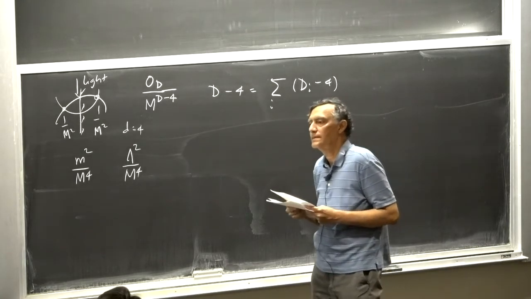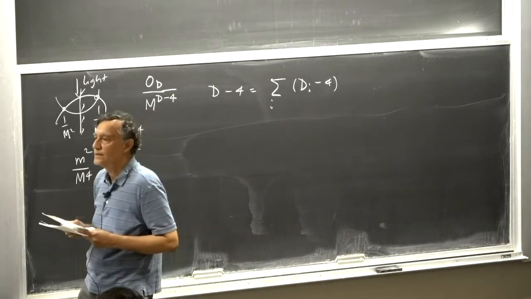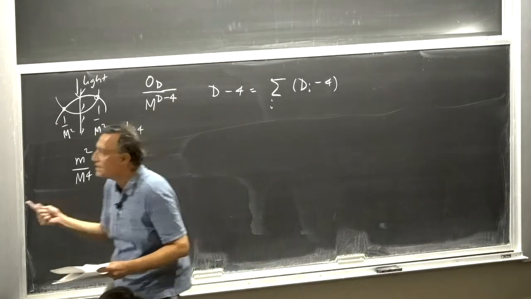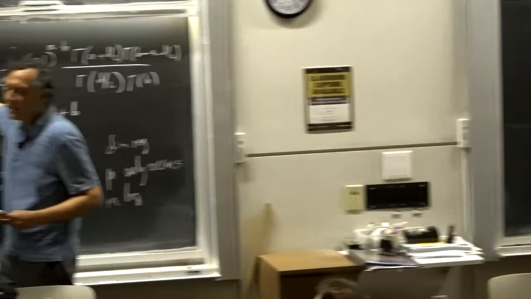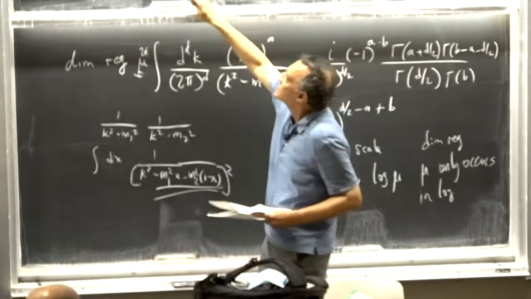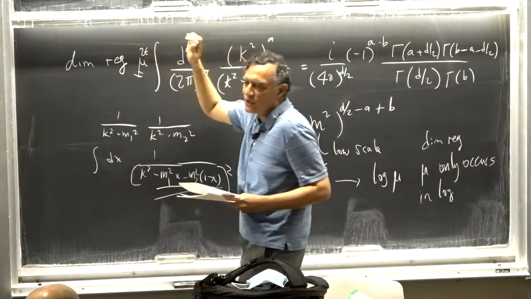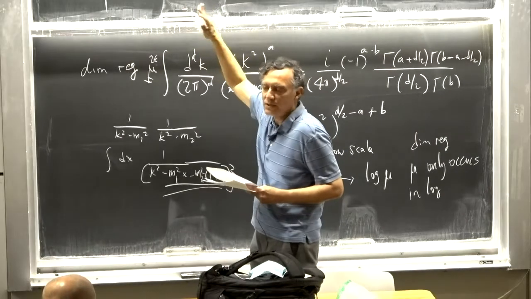And in DIMREG, are you integrating up to infinity or up to mu? No, you're integrating to infinity. This integral is over all k. And the point is, I don't care what's happening up here. It's wrong, but I'm going to fix that by the matching. Everything in the infrared is correct.